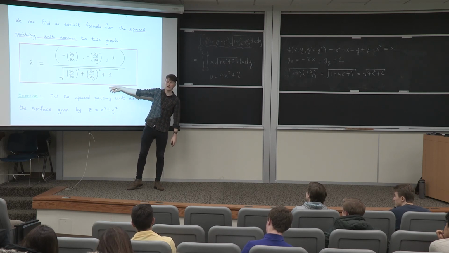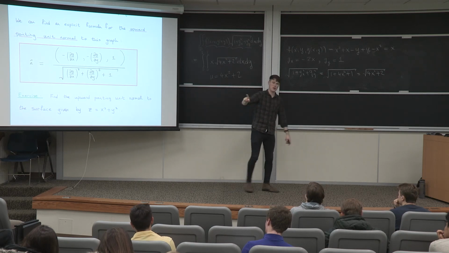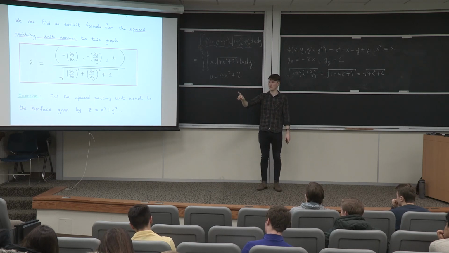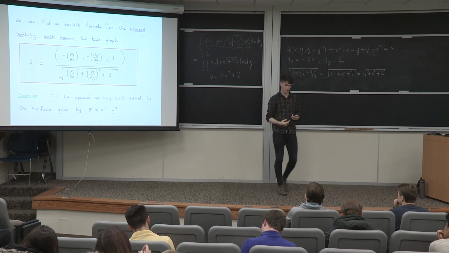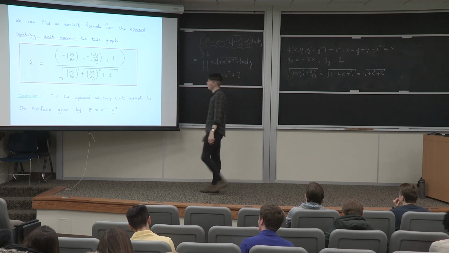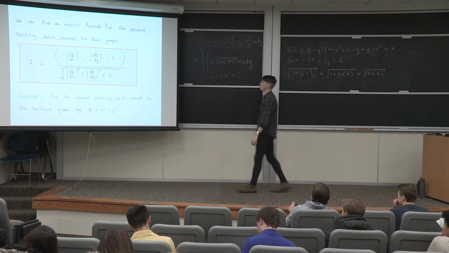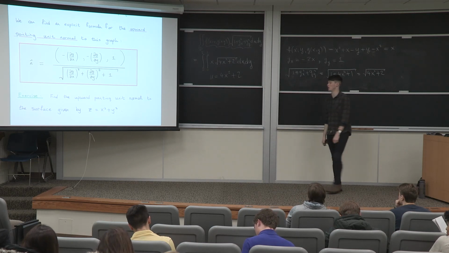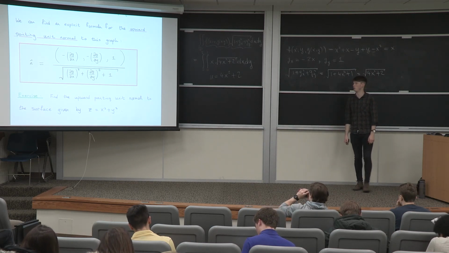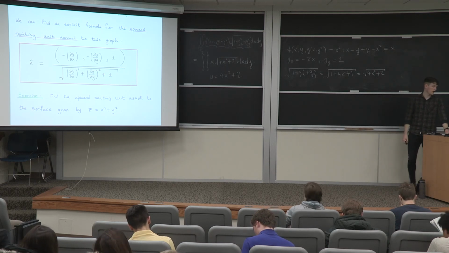And you would want the orientation to be unit length, because all you care about is a direction. What direction is positive, what direction is negative. So you don't want it to have a length other than 1. So, exercise. Find the upward pointing unit normal to the surface given by z equals x squared plus y squared. So that's something you can do later.